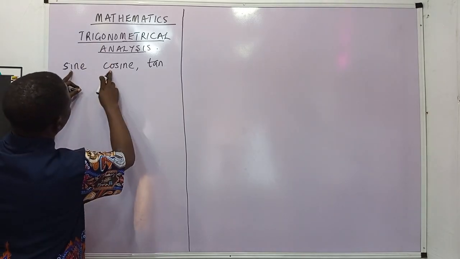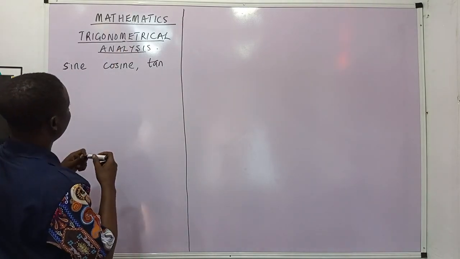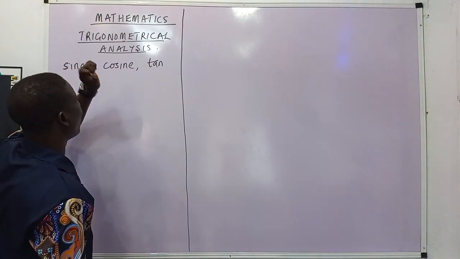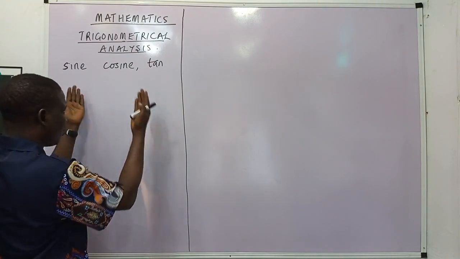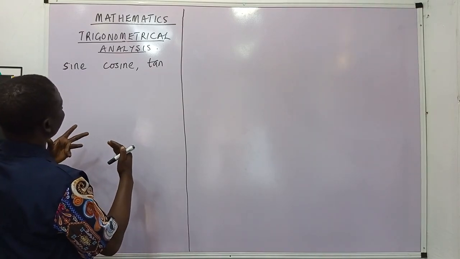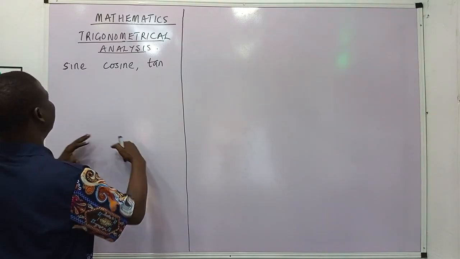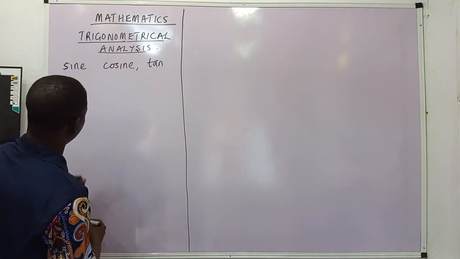Using sine, cosine, and tan to measure angle in a triangle. So the study of angle using the sine, cosine, and tan in a triangle is what we call trigonometrical studies.